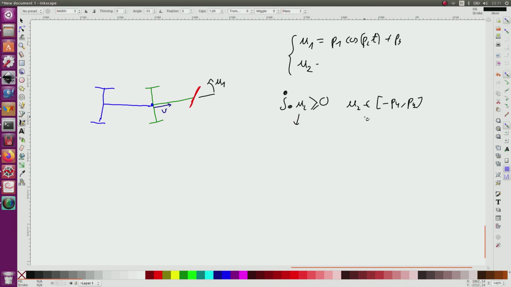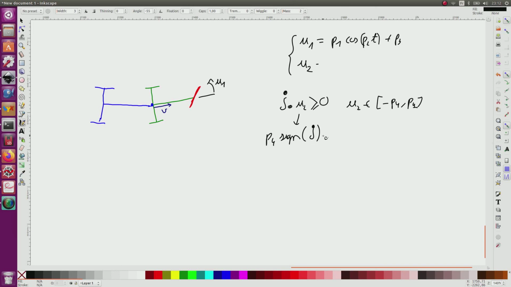So the best thing to do is to take the sine multiplied by P4 to be inside this interval of delta dot. So this product will always be equal to P4, since the sine is equal to minus 1 or plus 1.